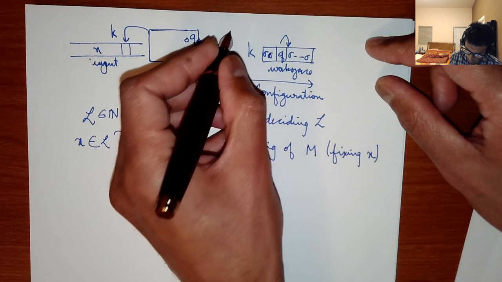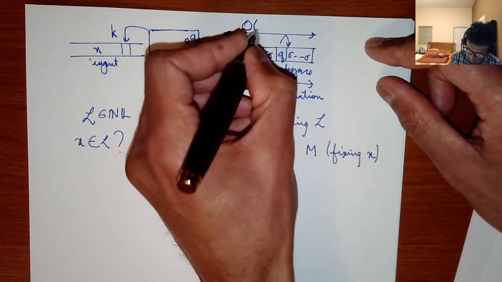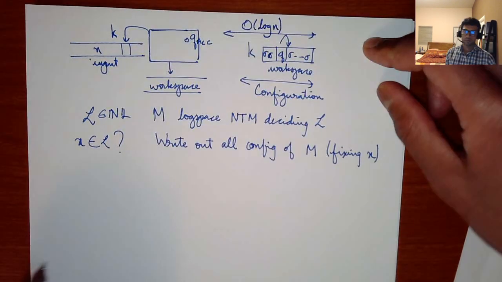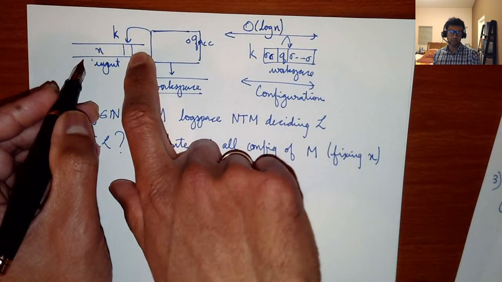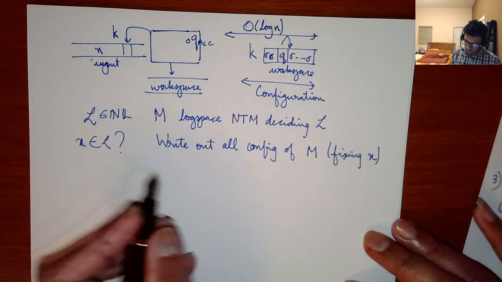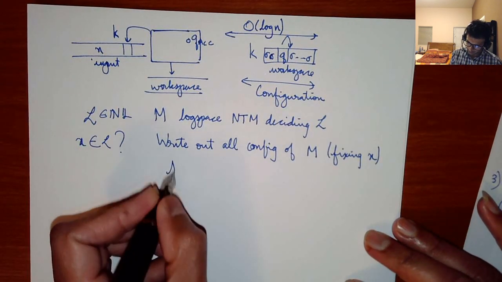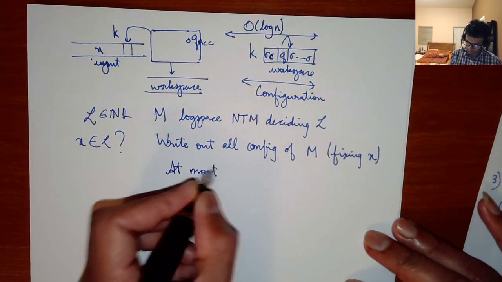Guess what? This whole thing is only log n space, because the workspace is log n, and the index it is reading is log n. So write out all those configurations, they're at most some poly n.